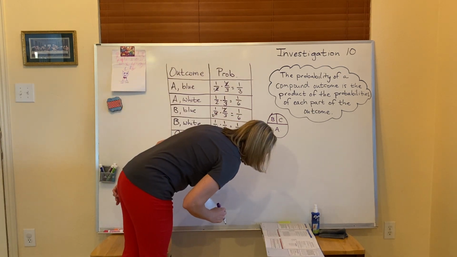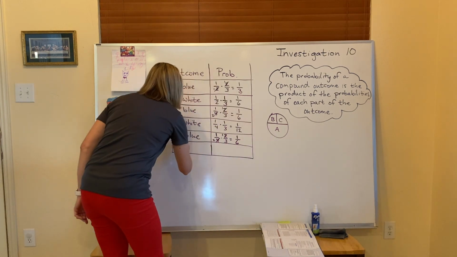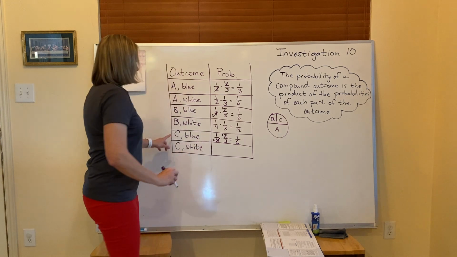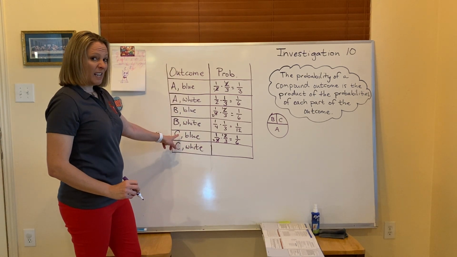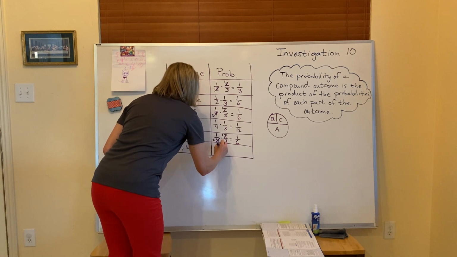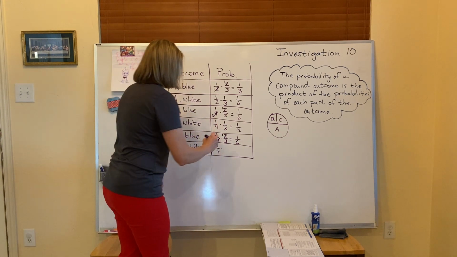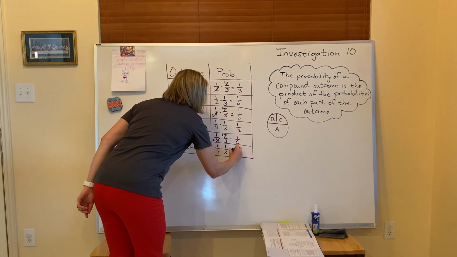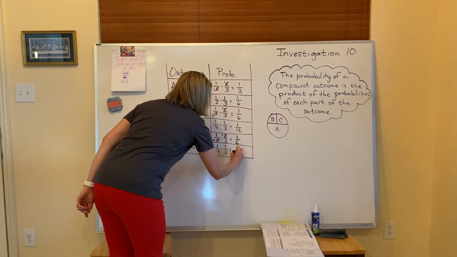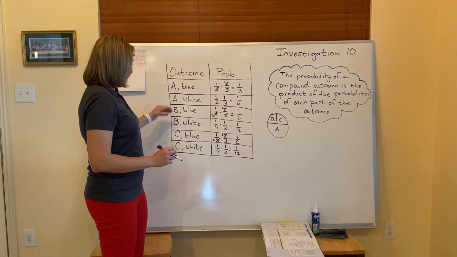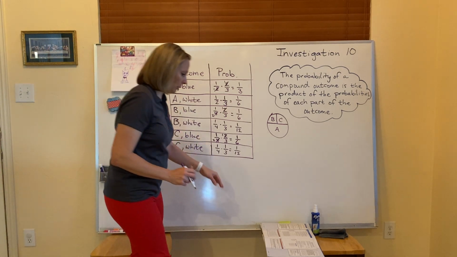Okay, now for the last one, C in white. Probability of landing on sector C, 1/4 still. Probability of drawing a white, we've determined that's 1/3. So let's multiply. 1 times 1 is 1, 4 times 3 is 12. We have a 1 in 12 probability of landing on C and then drawing a white marble.